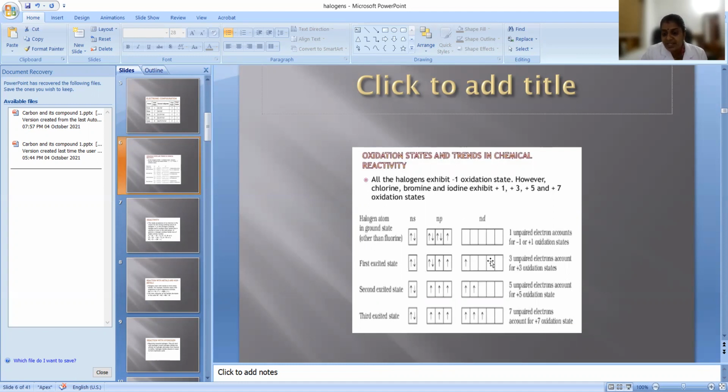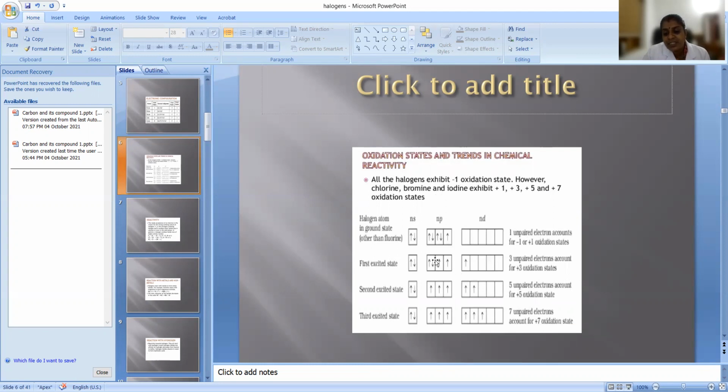So that is what we are explaining here, how it is possible. In the F atom, you can see that it is in the second period, so d orbitals are not available. So it is only having the -1 oxidation state. +1 and -1 are possible because there is one unpaired electron here.